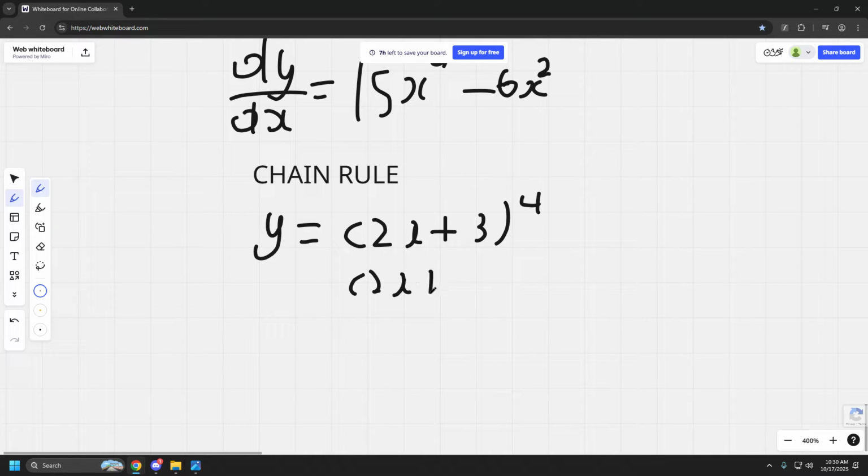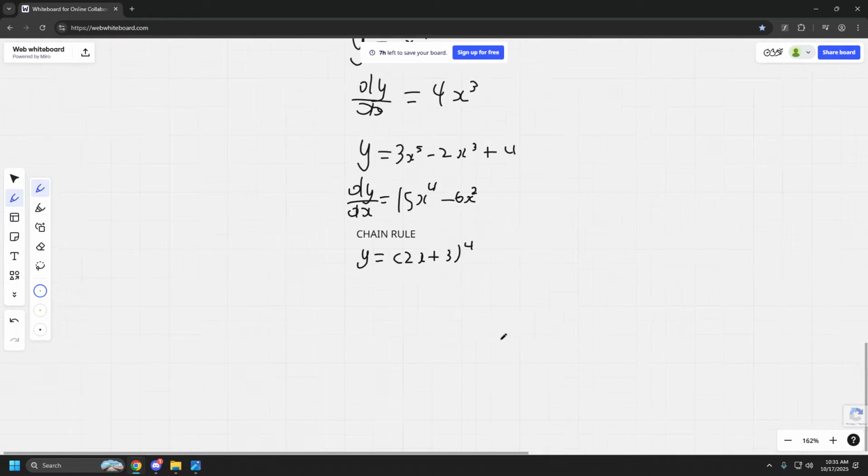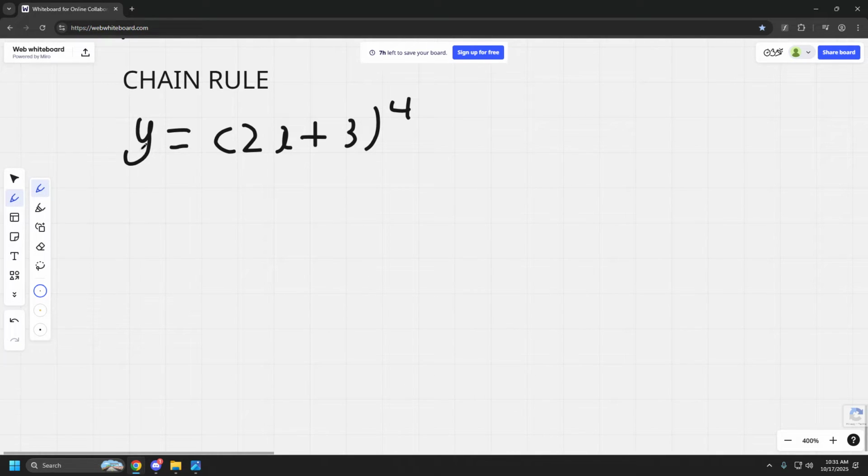Who really has time to differentiate all of this? So they invented something called the chain rule, where you take the derivative of the outside bracket and the derivative of the inside bracket, and then you multiply them by each other to get the derivative of a function inside of a function.